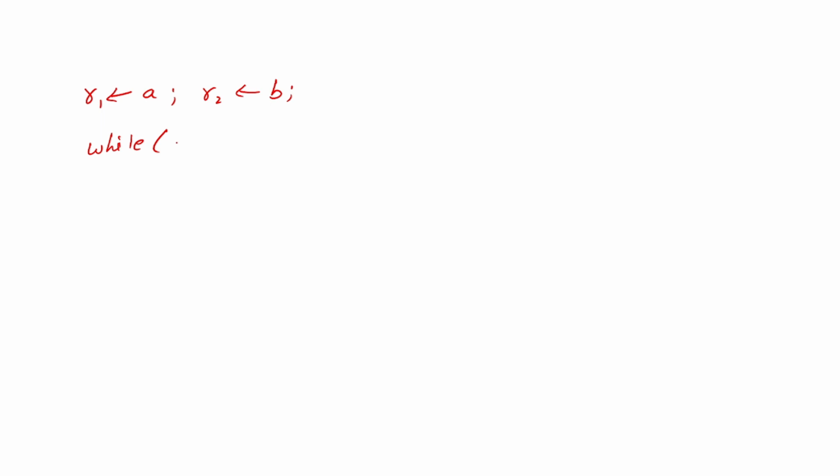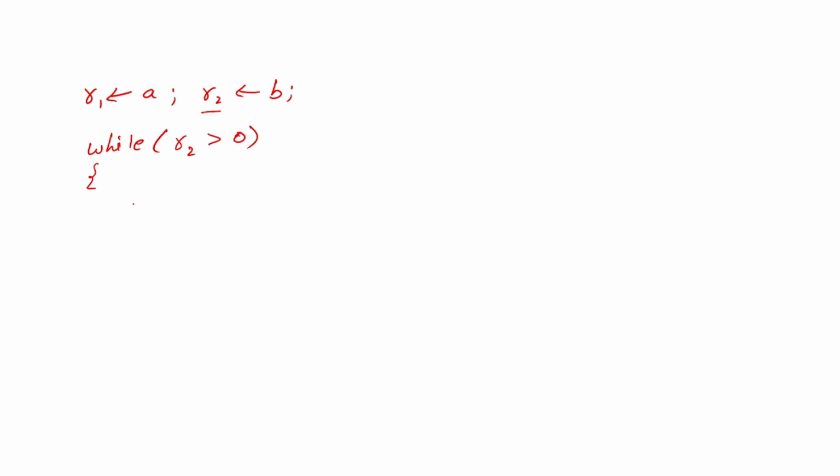Until the second value becomes 0, we need to repeat the process. Second value means R2, so R2 greater than 0. Whenever R2 is 0, the while loop will break. It will come out of the loop.